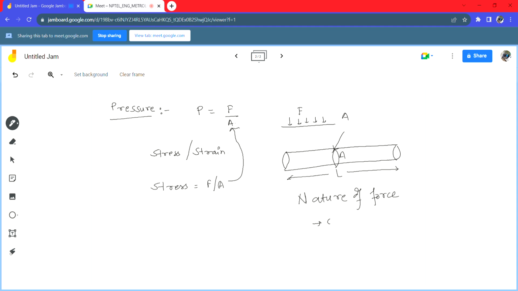It can be compressive, that is, it causes compression, or it can be rarefaction, that is elongation. So if the direction of force is like this, it will start to compress this body.